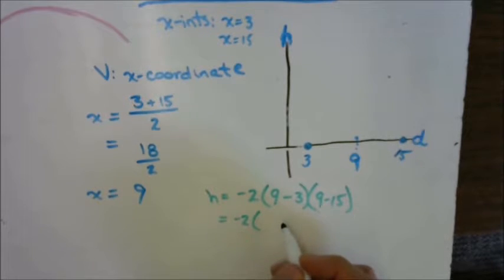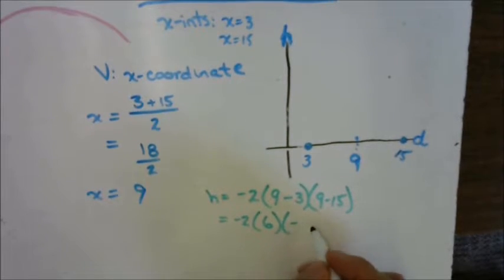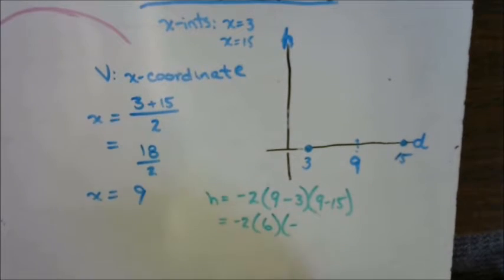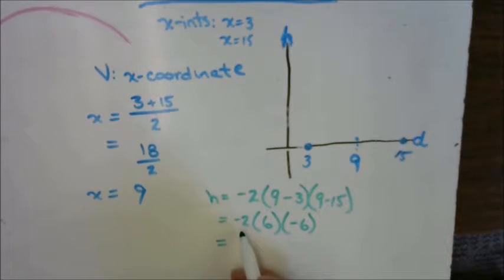Inside the first bracket, 9 minus 3 is? Second bracket, 9 minus 15 is? -6. So here we have 6 times -6, that's -36, times -2. So 36 times 2 is 72. Negative times a negative is a positive.